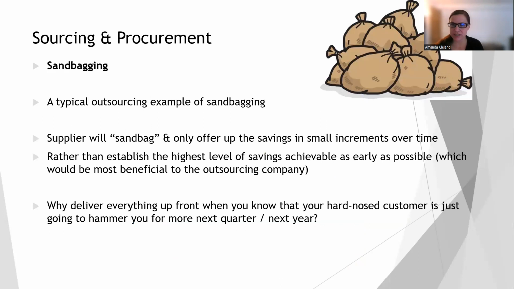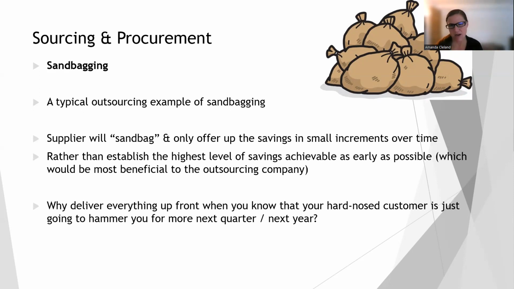A typical outsourcing example of sandbagging: the supplier will only offer up savings in very small increments over time. They're going to say, oh, it's so hard, we're not going to be able to get you these savings, even if they know that they could. So rather than establish the highest level of savings achievable as early as possible, which would be most beneficial for the buying organization, they offer it slowly over time.